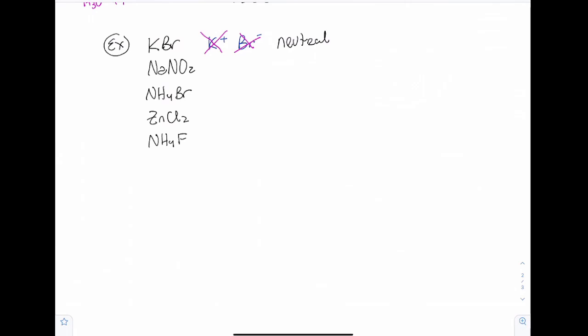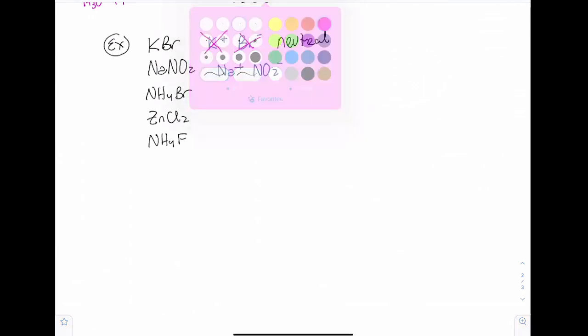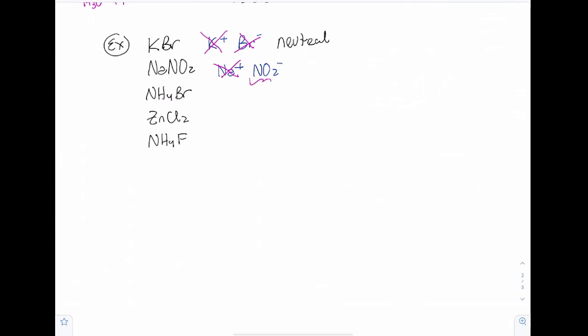Sodium nitrite, again, breaking them into ions. I have sodium ions and then nitrite ions. Again, I have a group 1A cation that is always going to be inert. It's not going to react with water, so we can ignore that. Nitrite here, however, is the conjugate of a weak acid, right? HNO2 is a weak acid. HNO3 is a strong acid. Be careful not to get those two mixed up, right? Nitrate ions versus nitrite ions.